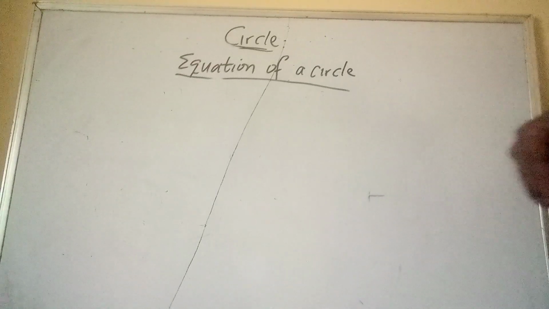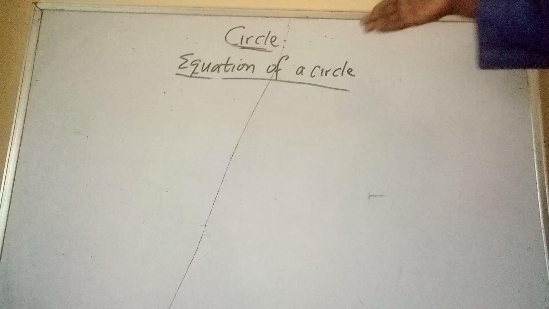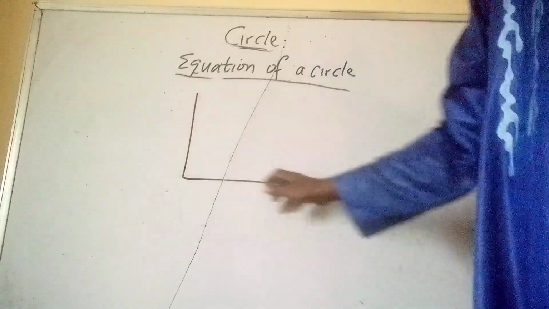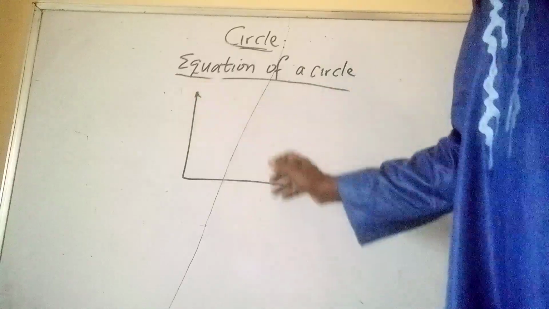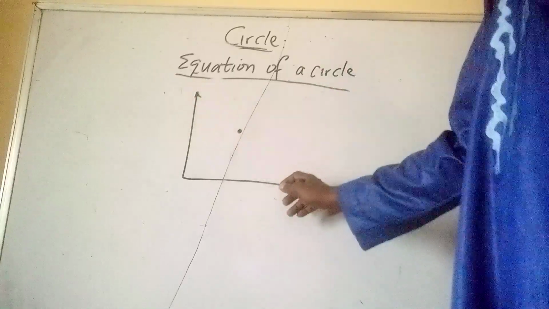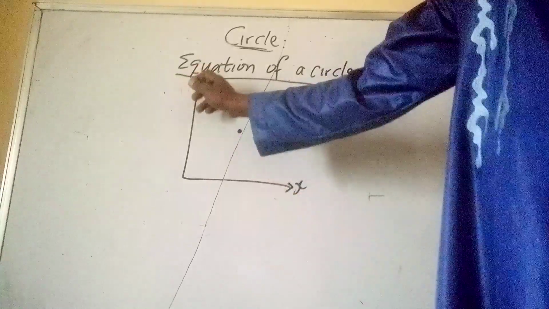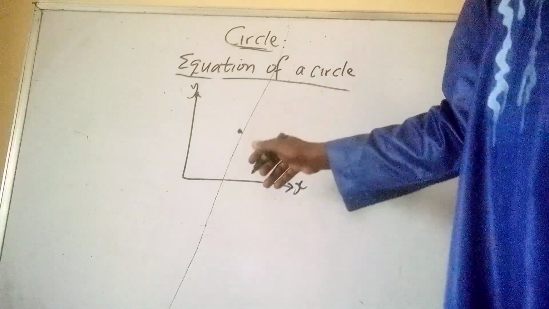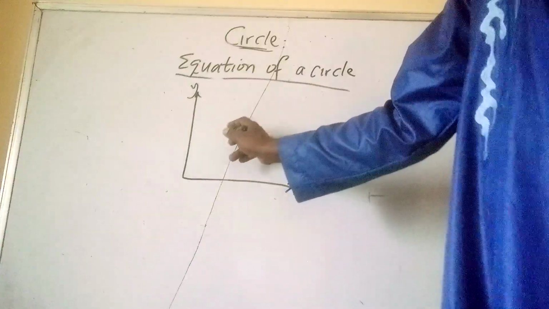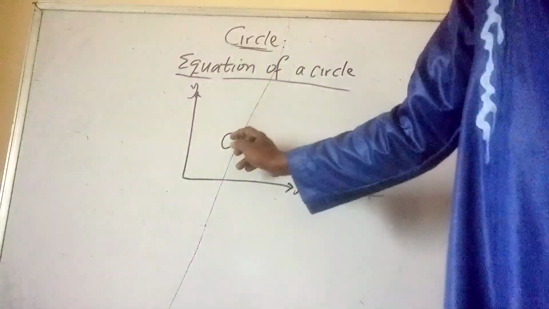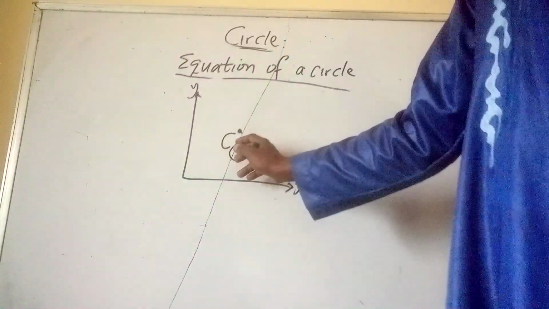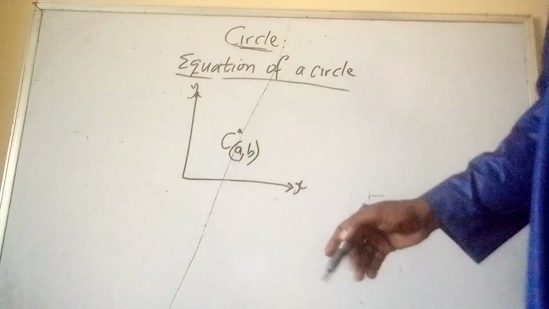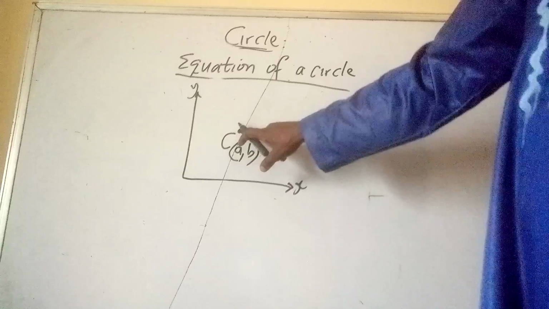Now, let us have a look at the equation of a circle. Let's assume that we have a point in the plane XY located somewhere on the plane, and that point, let's call it point C, and the coordinate of that point C is A, comma B. Okay, then that is the fixed point.